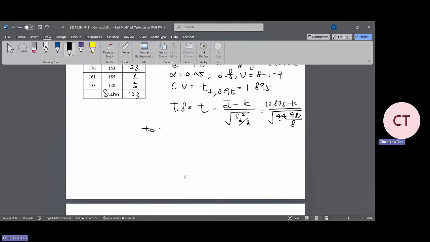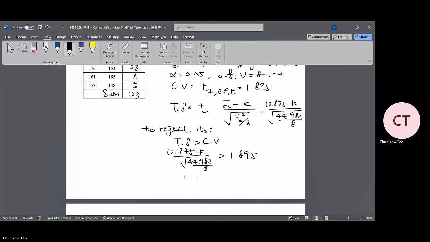To reject H0, that means your test statistic must be greater than the critical value. So 12.875 minus K, divided by the square root of 44.982 over 8, must be greater than 1.895.